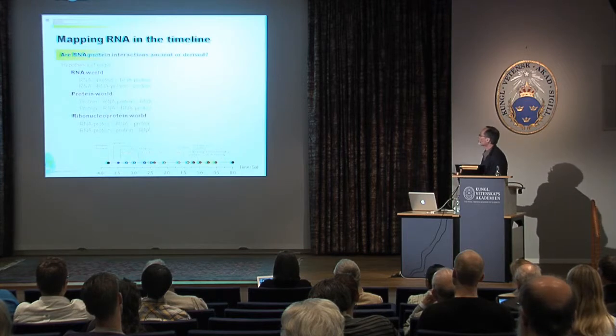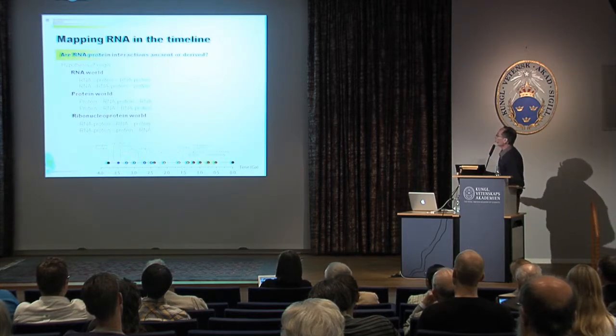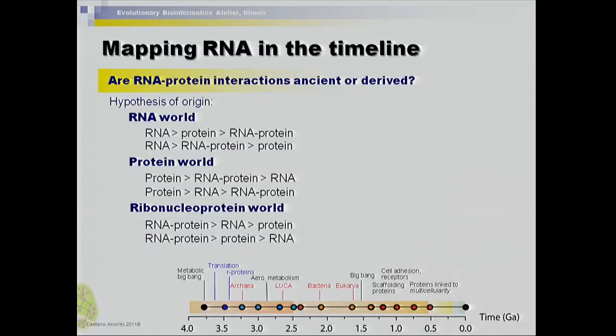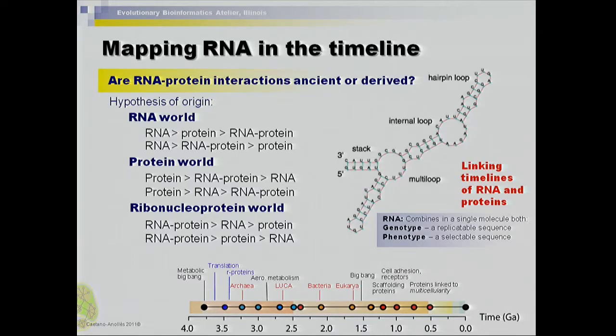So the question is, can we map RNA in the timeline, RNA-protein interactions in the timeline, and somehow try to dissect the existence of an RNA world, a protein world, or a ribonucleoprotein world? And so we've done this, and for that we focus on RNA, and we try to link the timelines of RNA and proteins by looking at the structure of RNA.